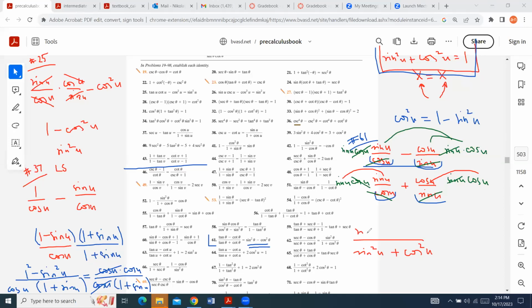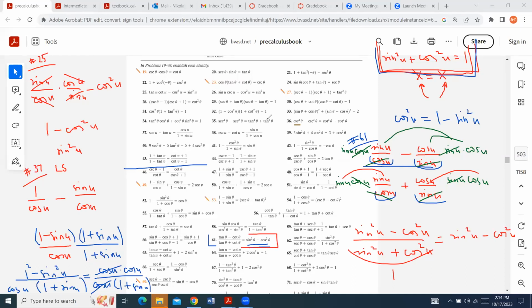And analogously on the top it's sine squared, but now it's minus cosine squared of u. And notice that my denominator is equal to 1. That's my favorite identity, the Pythagorean identity. So I don't have to write anything. And we're done at this stage, right? Because that's exactly what I needed in this exercise.